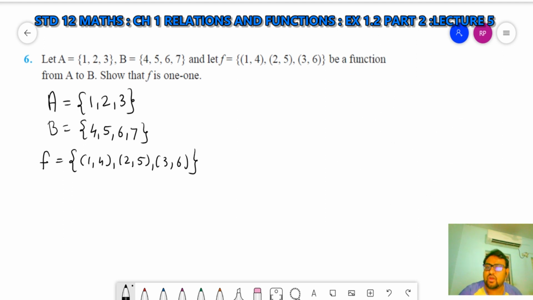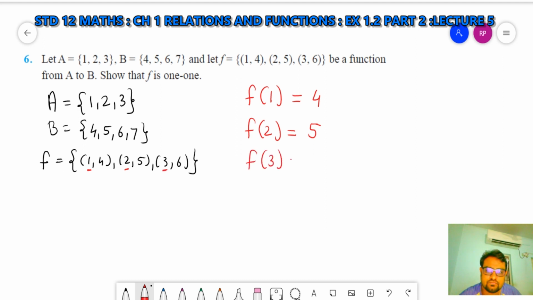So now you have to prove that it is a 1-1 function. Now see, from here, what is f of 1? 4. What is f of 2? 5. What is f of 3? 6. Right?